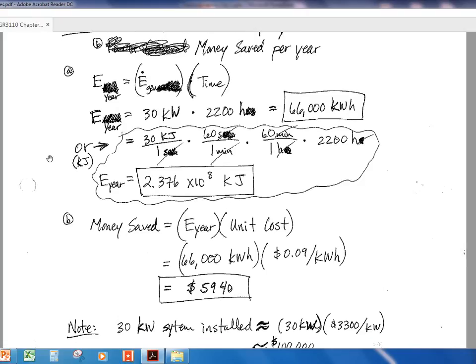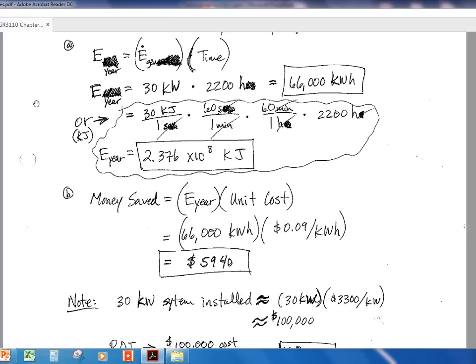Now we can actually convert that value into kilojoules if we like. The problem didn't tell us to do that, but we could do that. So we could say that a kilowatt is equal to a kilojoule per second. So there's 30 kilojoules per 1 second. 60 seconds in 1 minute, so the seconds now cancel. We have 60 minutes in 1 hour, right?